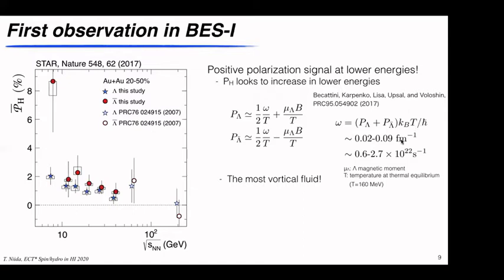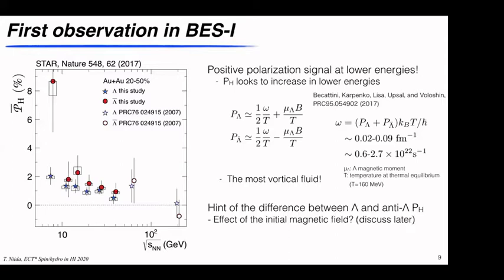It was found to be roughly 10 to 20 seconds to the minus 1, so it is the most vortical fluid that has been observed. And this red symbol is for anti-lambda, which seems to be slightly larger than lambda. So this might be a hint of the effect from the magnetic field, and I will discuss it a little bit more later.